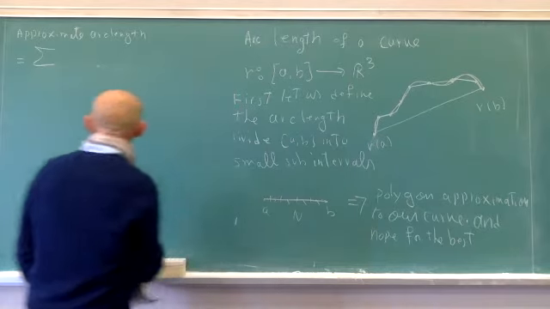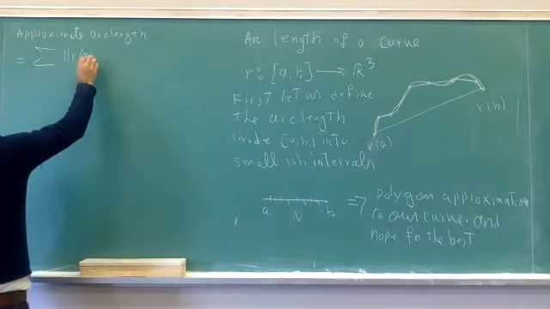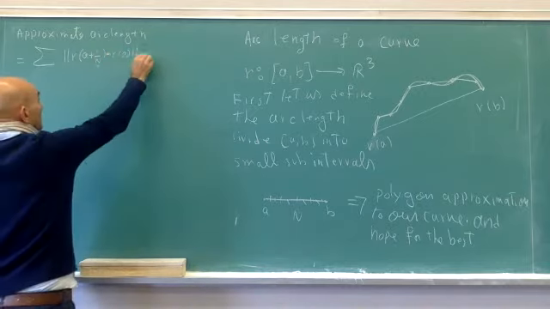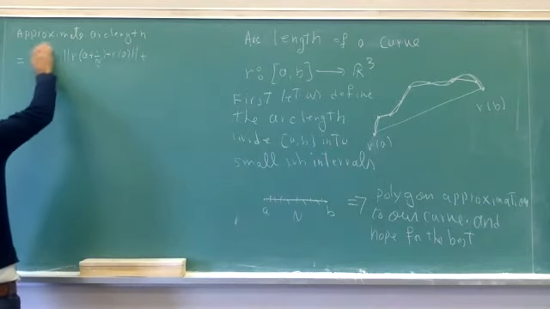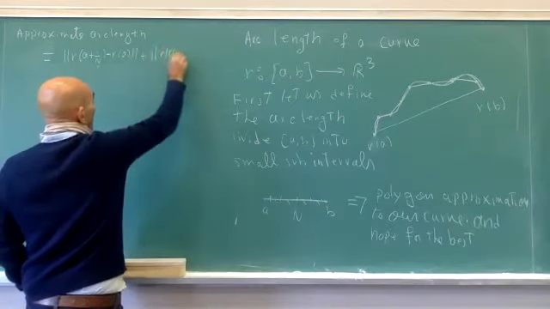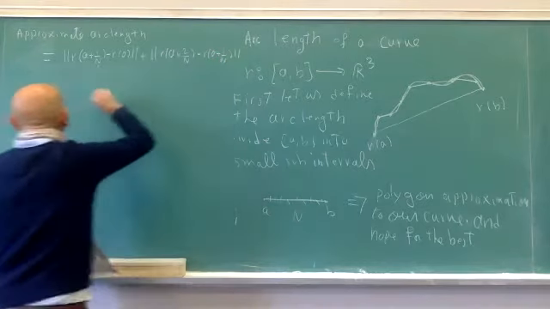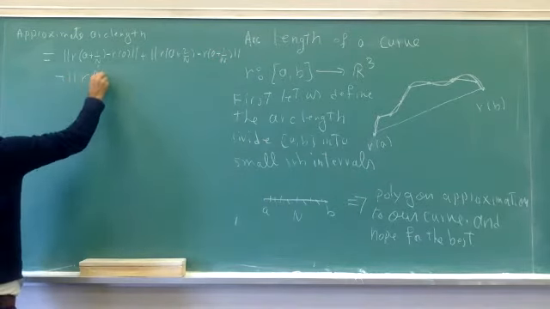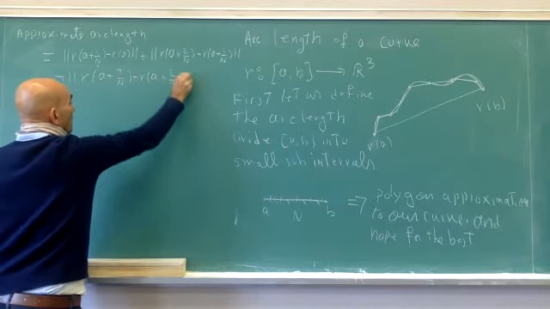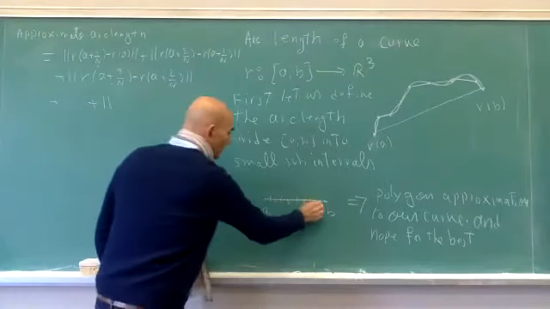For example, this would be the length of r(a + 1/n) minus r(a), and then plus the length of r(a + 2/n) minus r(a + 1/n), plus the norm of r(a + 3/n) minus r(a + 2/n). Okay, plus the last piece, of course.